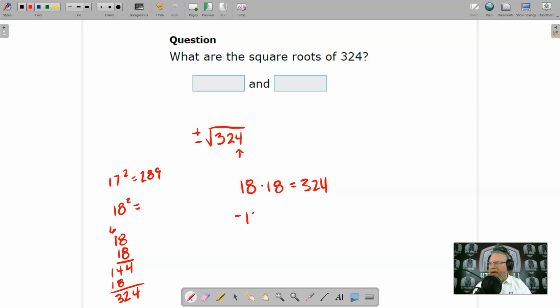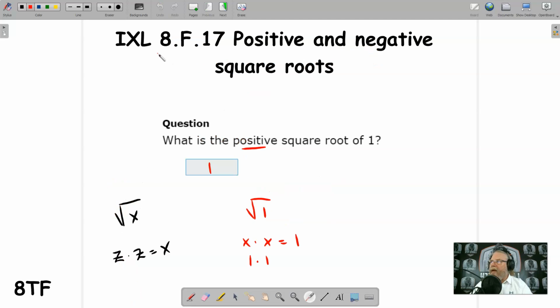And also negative 18 times negative 18 equals 324. So negative 18 and positive 18 are the 2 square roots for the value of 324. And that concludes all of my examples for IXL Activity 8.F.17, positive and negative square roots. Good luck with your activity.